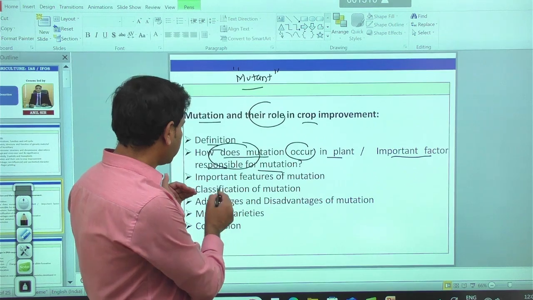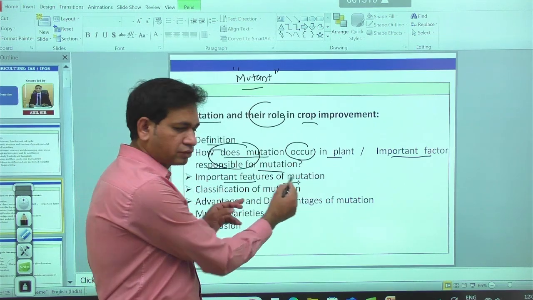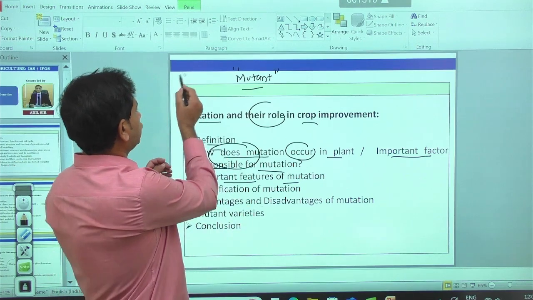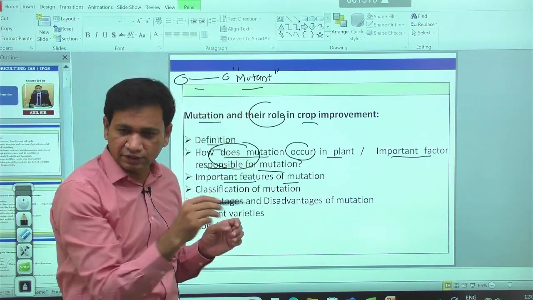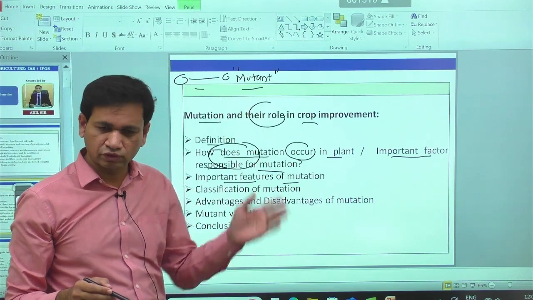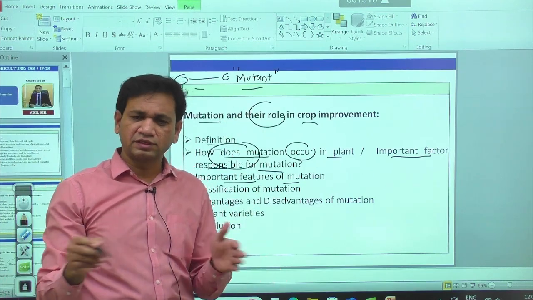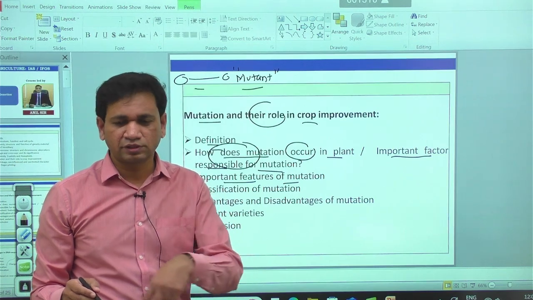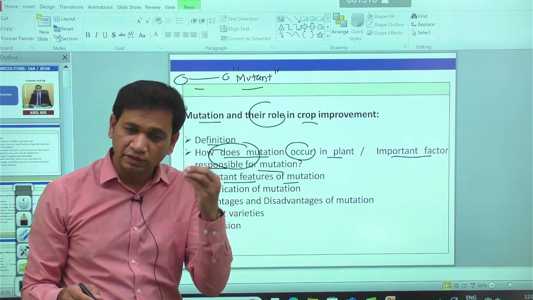Then apart from that, we have the important features of mutation. Mutation can take place at any stage from sowing to harvesting, at any stage of the given life cycle. Taking a small example in plants, from sowing to harvesting, in between at any stage mutation can be possible. That is one.